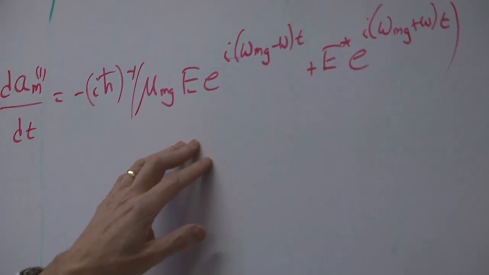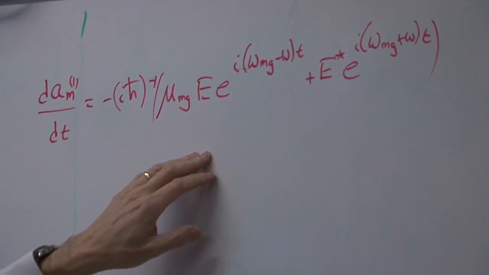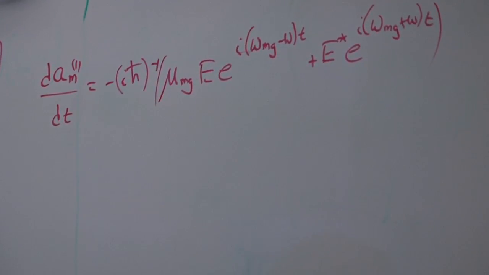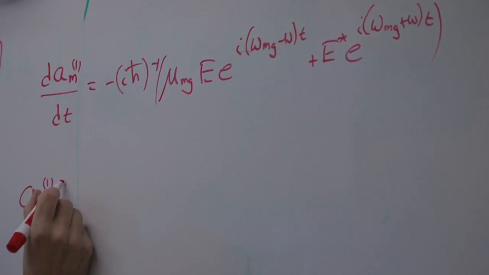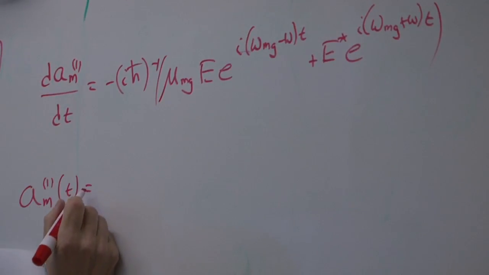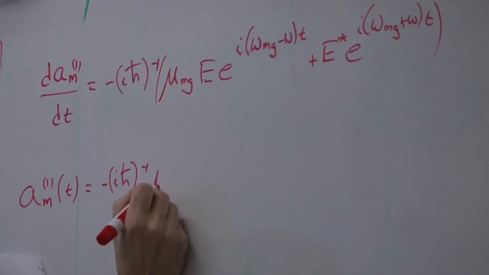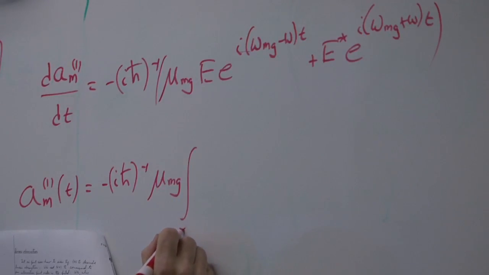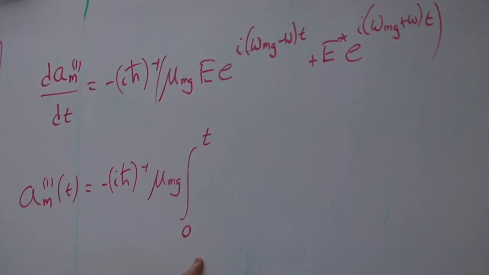We are so happy now, right? The right-hand side is a known, very, very simple function of time. So you can just integrate this equation, and you find that A_m1 of t is minus i h bar to the minus 1 times mu_mg integral 0 to t, right? We're doing multi-photon absorption. You start the integration at time equals 0.